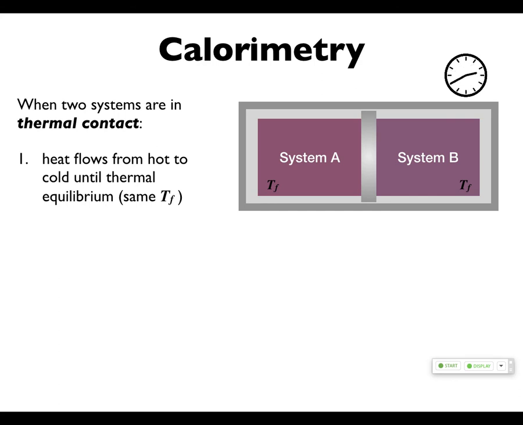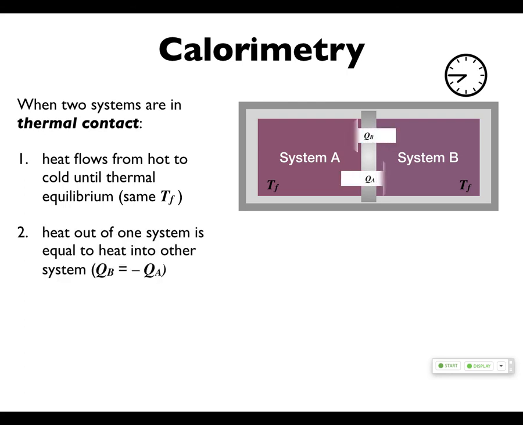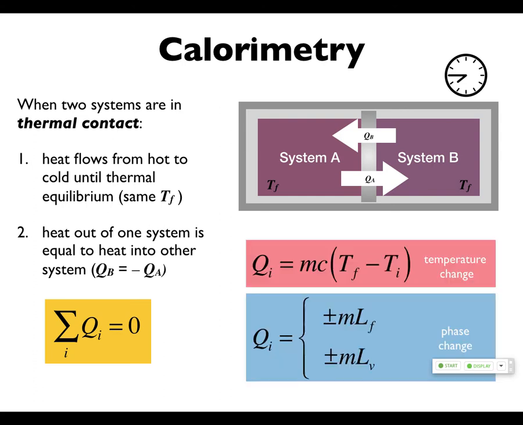And what that means is any heat that goes from here to here, the negative version of that heat goes the other way. And when you sum up all the heats going back and forth, they should be 0. And that's conservation of energy still. So that's the end result, and it turns out you just need these things.